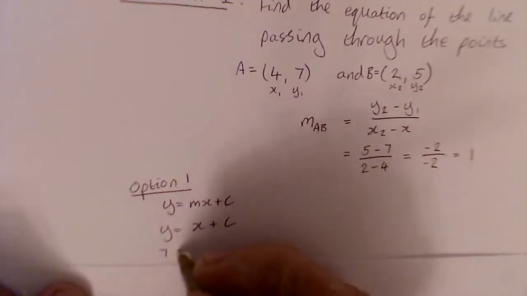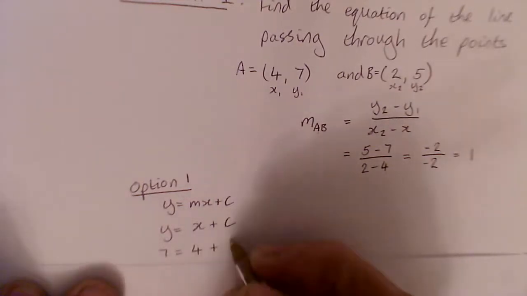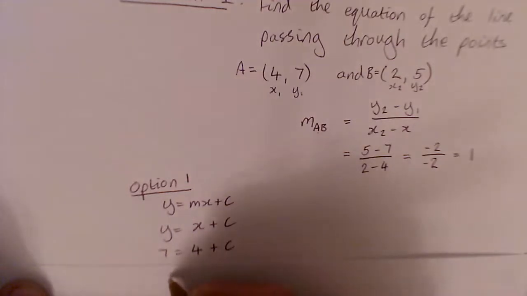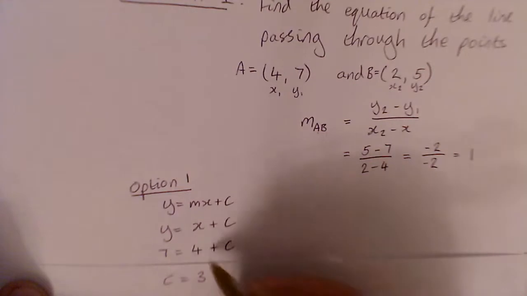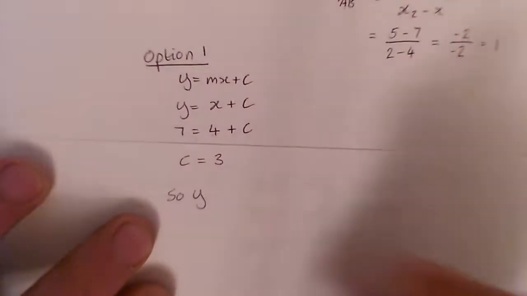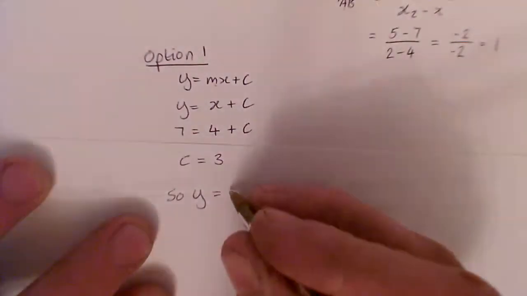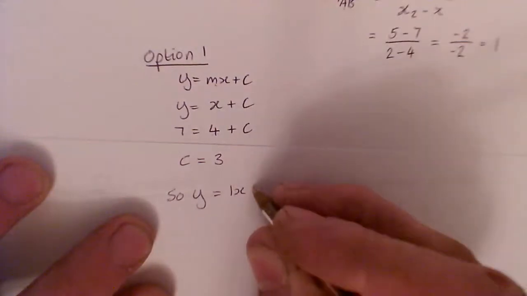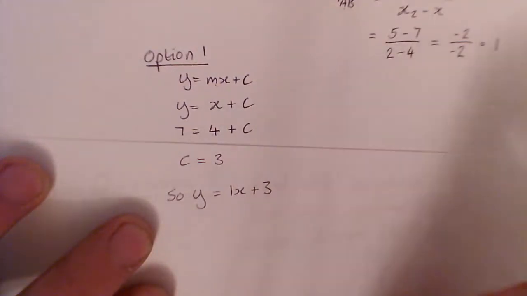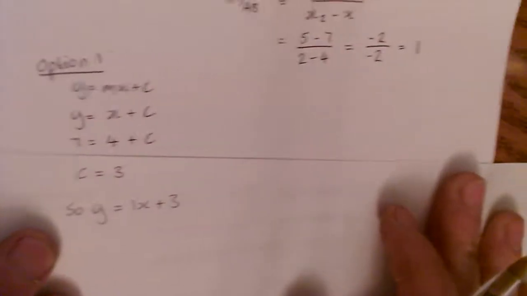So 7 is our y, 4 is our x, plus our c. And so c equals 3. I'm just taking 4 off both sides of that equation. So 7 take away 4 is 3. Left is c. Sorry, I've run off the bottom. Didn't realise. So y equals, remember, gradient is 1, so 1x, or just x, plus 3. Okay, so that's option number 1.